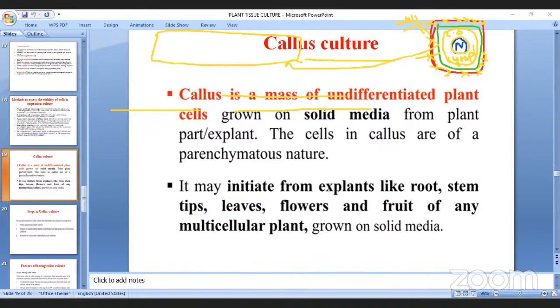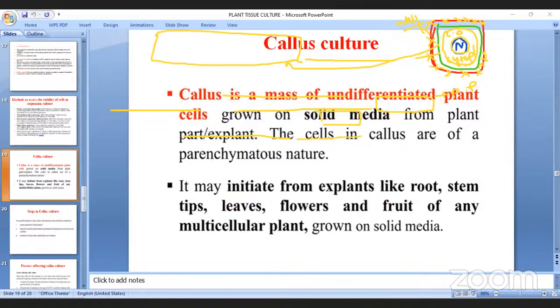Protoplasts of different species can be fused to generate hybrids. This process is referred to as somatic hybridization. Somatic hybridization simply means fusion of protoplasts: one protoplast fuses with another protoplast from a different species, resulting in the formation of a hybrid.